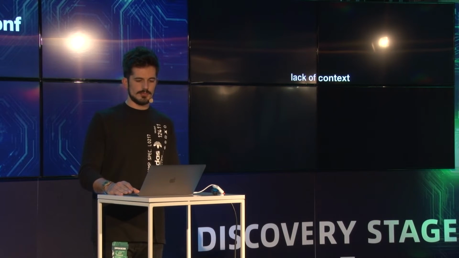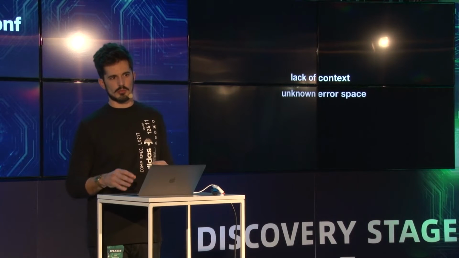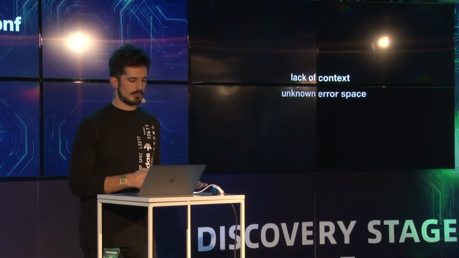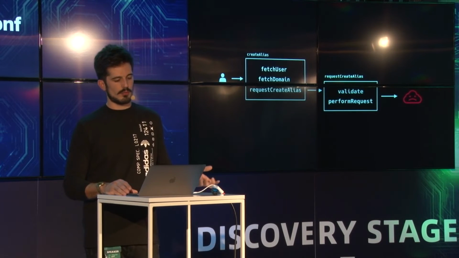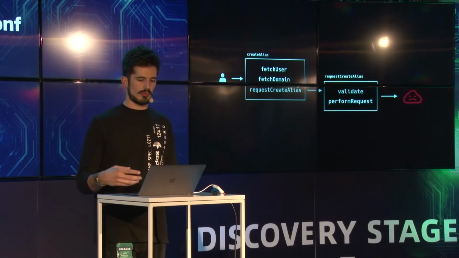There is another reason, which is the unknown error space. The problem with the unknown error space is that we don't know what errors a function can throw in JavaScript. Neither do we know, when we are performing the request, how the server is going to react.